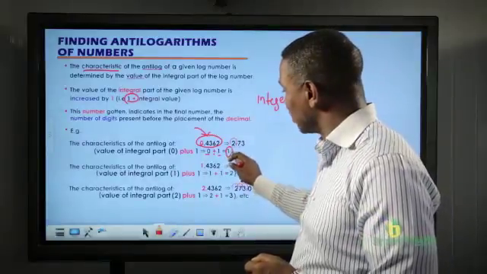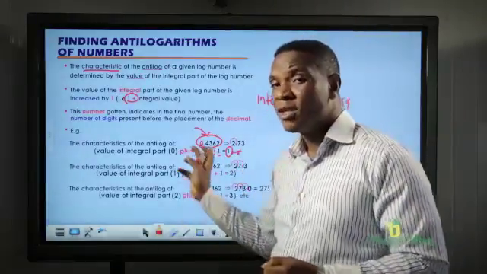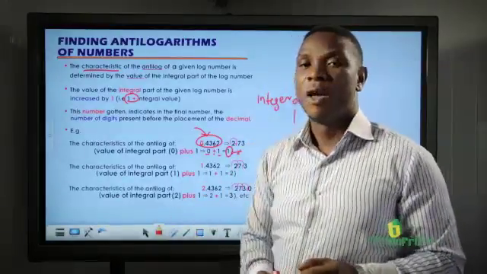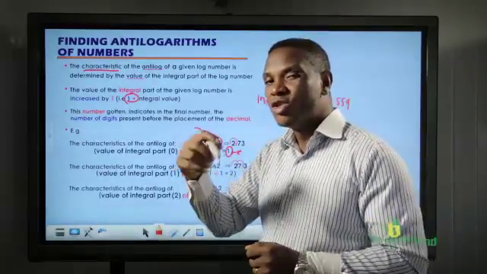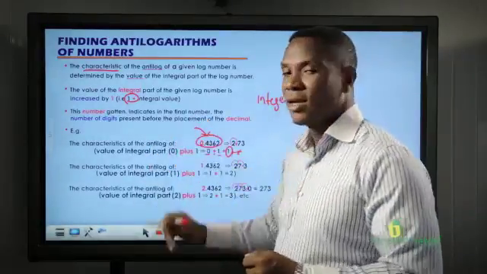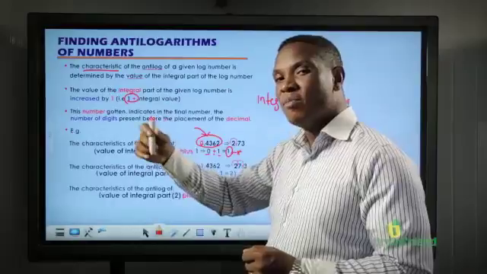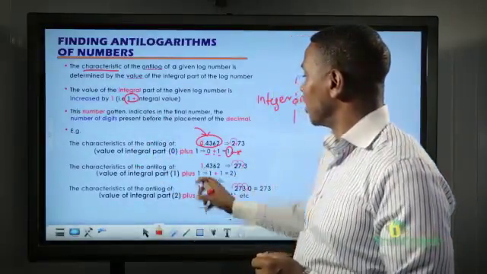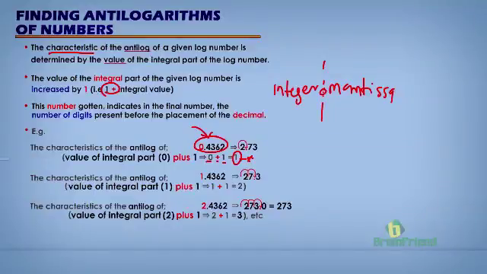This one, we must please take very good note of, is not a value of itself, but an indicator of the number of digits within our answer that we would have before a decimal point. Let's take this example so we understand. Now we're given this log number, 0.4362, to find the antilog of.